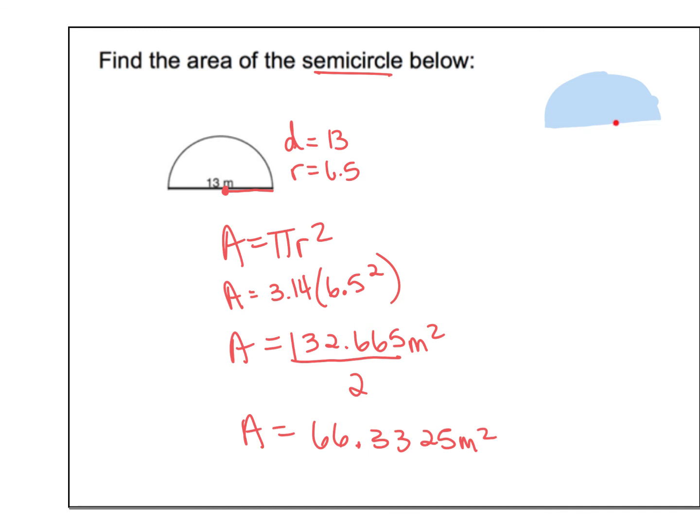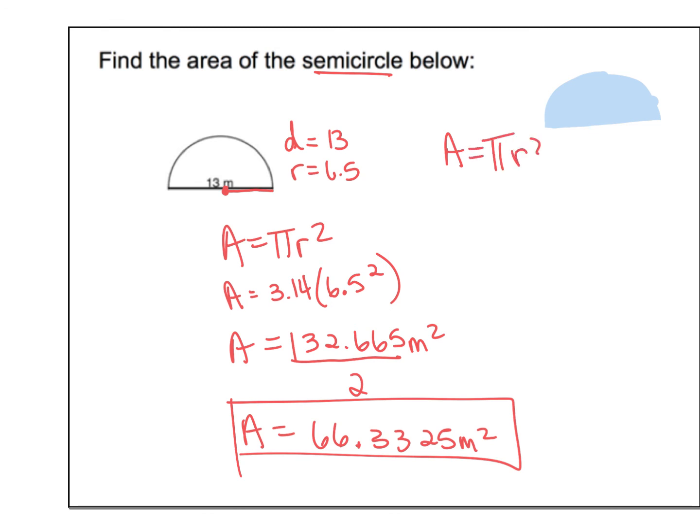And so that bottom line is already there because it's the inside that counts. So we are done. So all we have to do for area of a semicircle is our regular formula, area equals pi r squared, and then we just divide it in half. That's it. That's area of a semicircle. That's the formula.